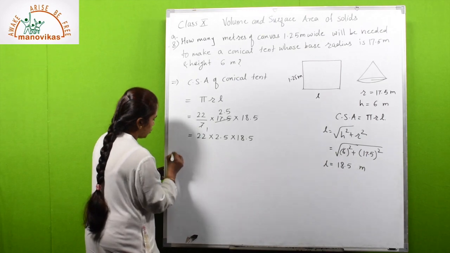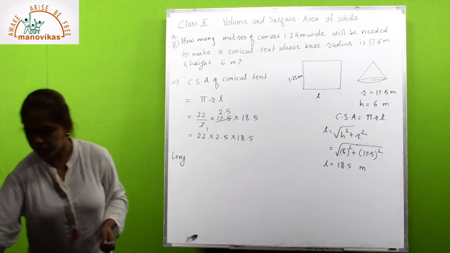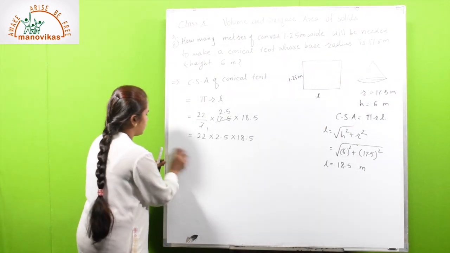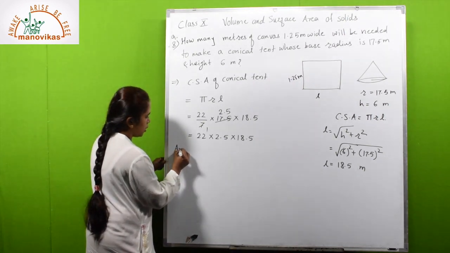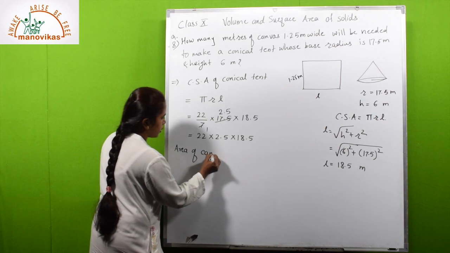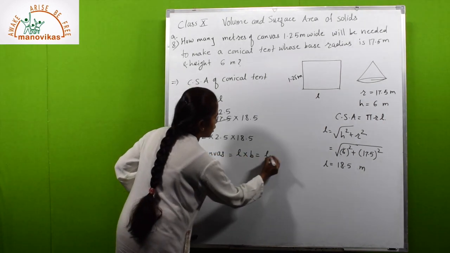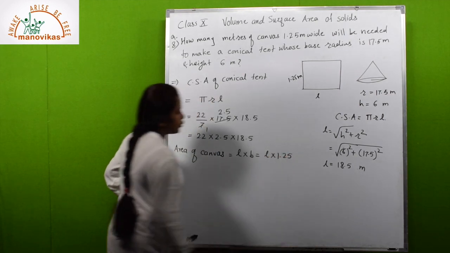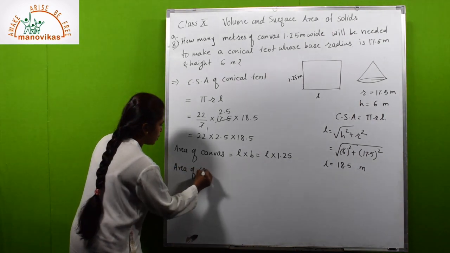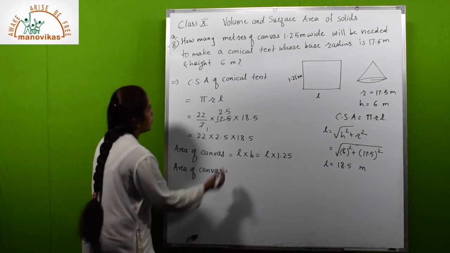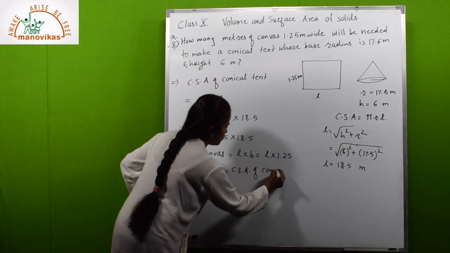Now compare. Area of canvas will be length into breadth, that is length into 1.25 meter, but area of canvas is nothing but the curved surface area of cone.